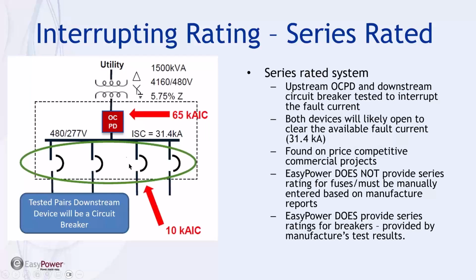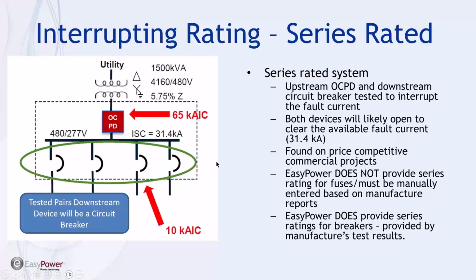So based upon the manufacturer or some technical body that's qualified to do so, having tested the combination of the two devices to be able to protect the downstream fault, then this would be considered a series rated situation.